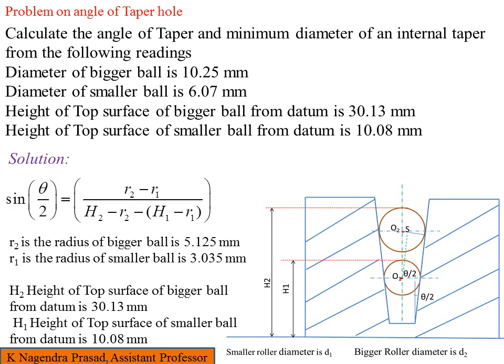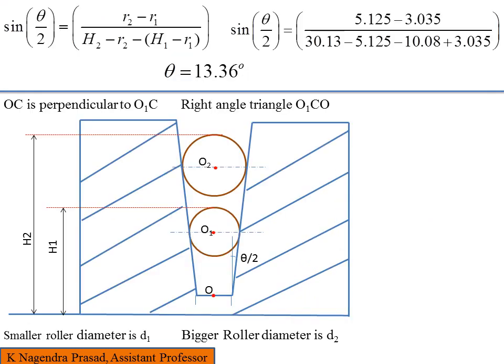Similarly h2 is the height of the top surface of the bigger ball from the datum, 30.13 mm, and h1 is the height of the top surface of the smaller ball from the datum, 10.08 mm. Then we substitute these r2, r1, h2 and h1 values in the above equation. So we will get theta equal to 13.36. So the first part is finished.